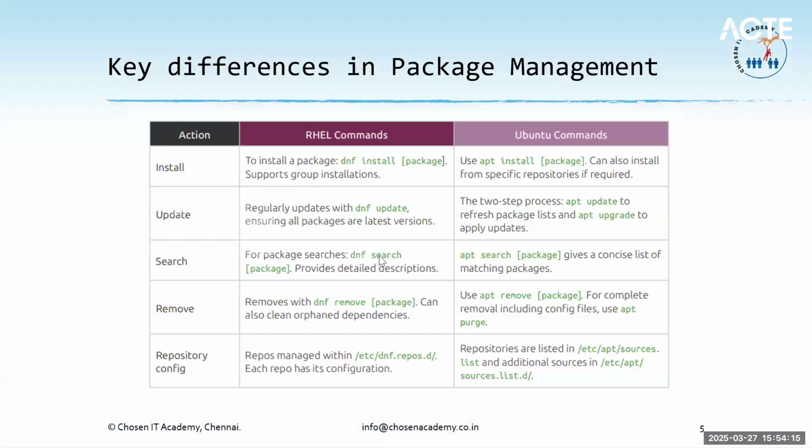Okay, package management differences. Here we can use either DNF install package or YUM install, whereas in Ubuntu we have apt install package for installing any package. If you want to update, we can give yum update or DNF update.